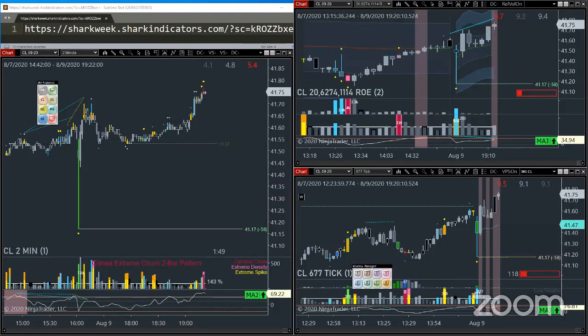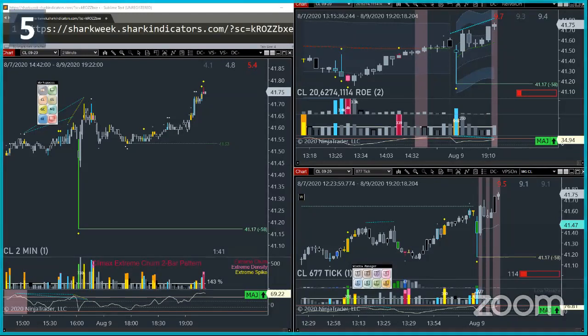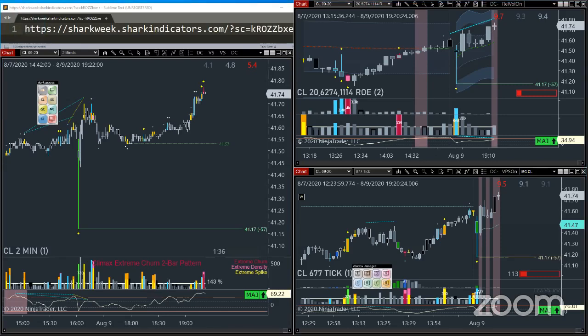Well, whatever. So right now you're getting a big, beautiful, extreme churn bar on a 2-bar pattern on the 2-minute chart. So this could very well be an actual short signal.